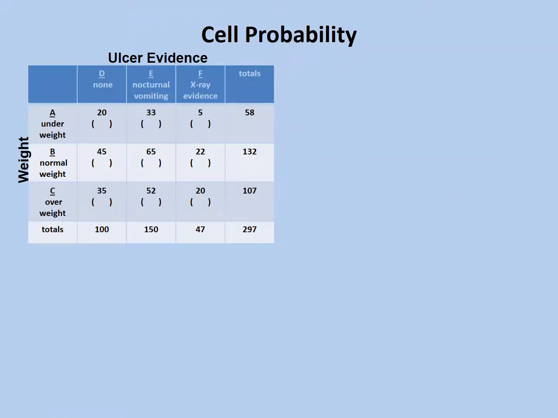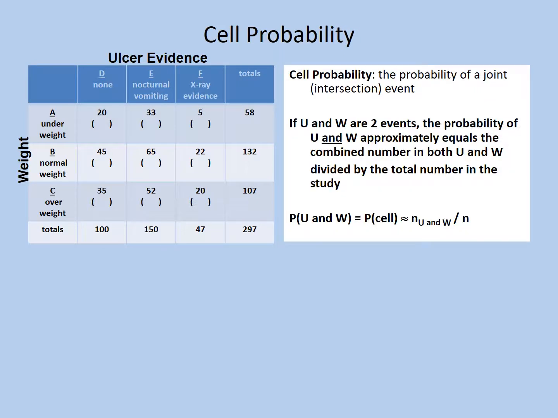We are now ready to describe how to determine a cell probability. The cell probability is the probability of a joint or intersection event. If U and W are two events, the probability of U and W approximately equals the combined number in both U and W divided by the total number in the study.